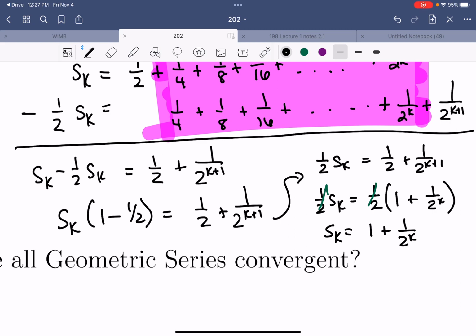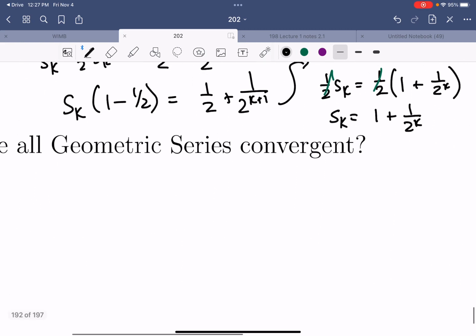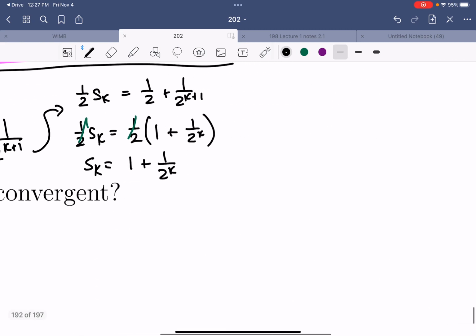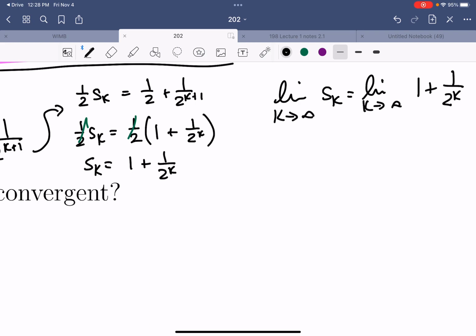Now, if I take the limit as k goes to infinity of sk, that means I'm taking the limit as k goes to infinity of 1 plus 1 over 2 to the k, right? So I know what my partial sums are equal to. I can take the limit of the partial sums because that is a sequence, and that'll tell me where this goes.